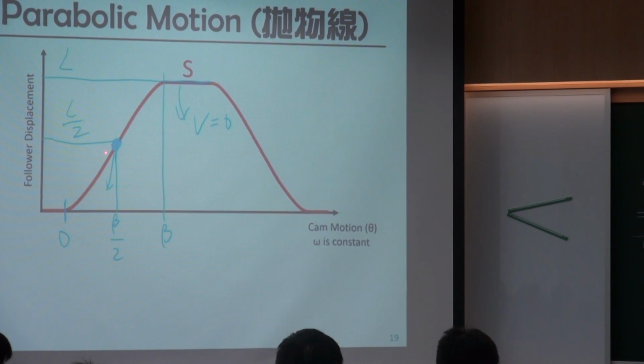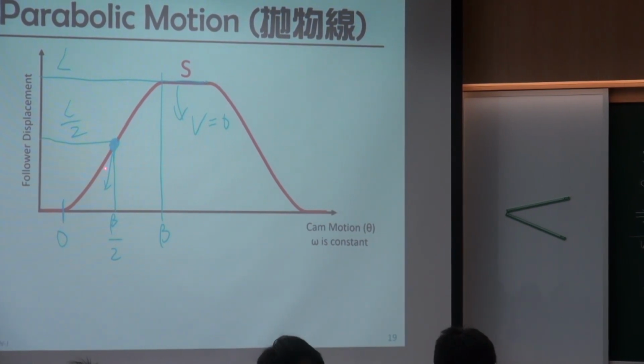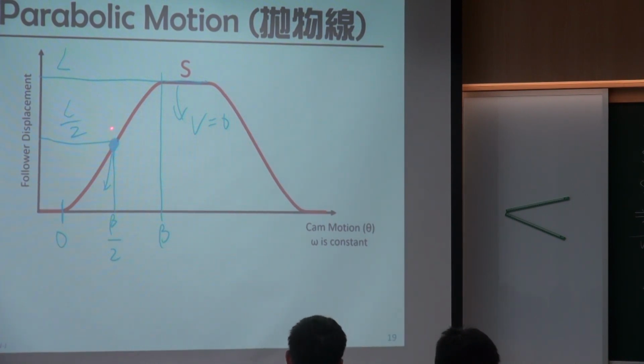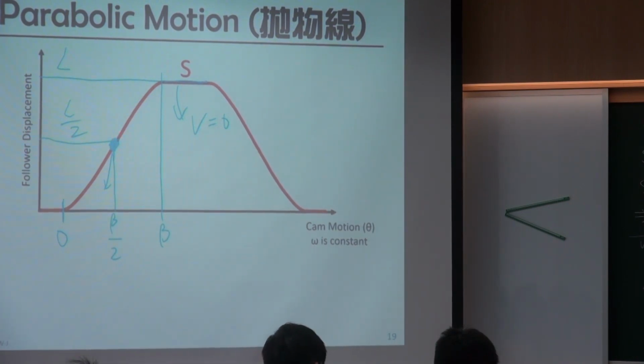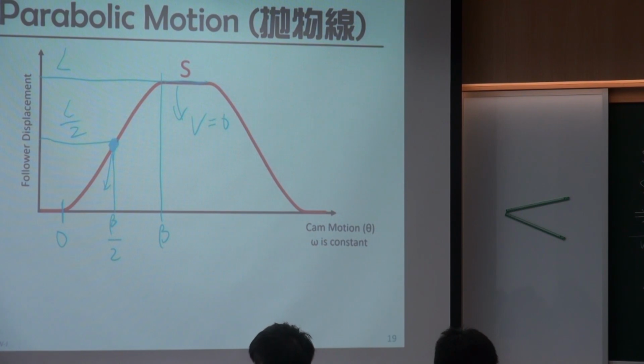It needs to be a certain value, but we need to make sure the velocity at the end of the first segment is the same as the velocity at the initial point of the second segment. So we need to check if the velocity at this point is continuous, and go back to confirm if that's true.